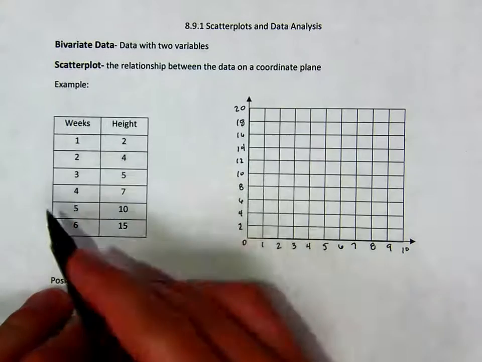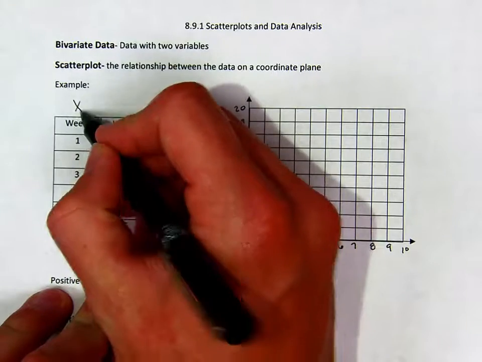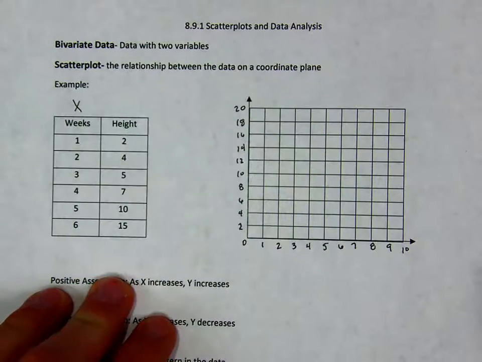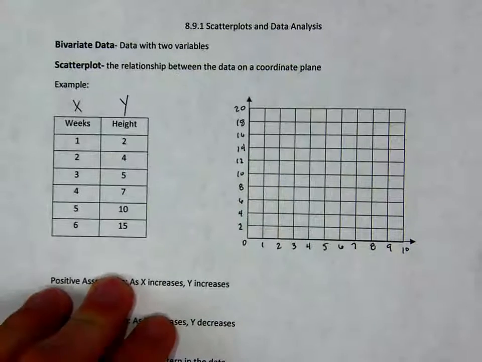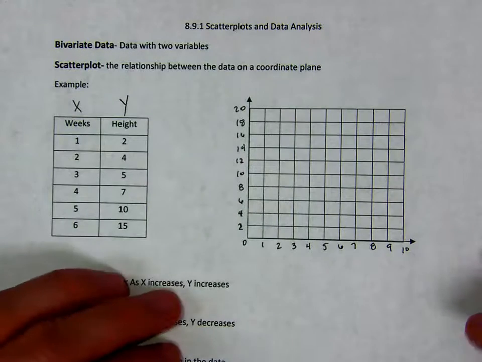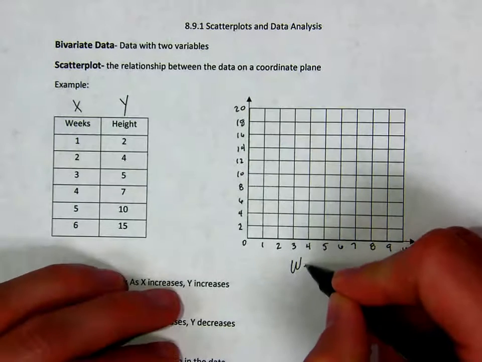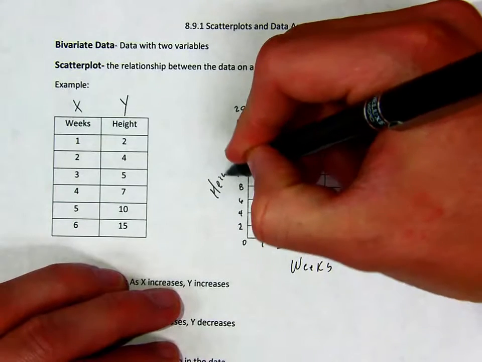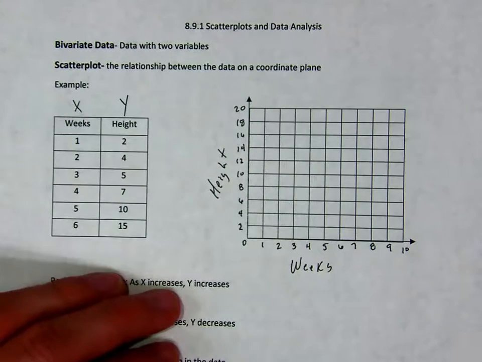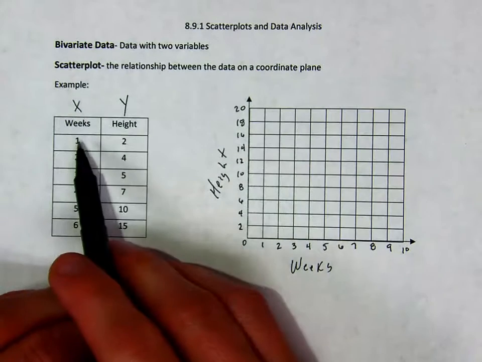In this situation we've got X as our weeks, that's our X values, and Y is our height, our Y values. I'm just going to write that down to remind me: weeks and height. Our first value in X is 1.